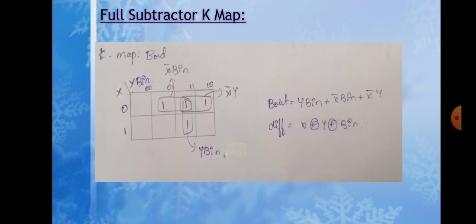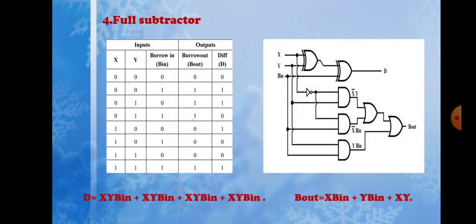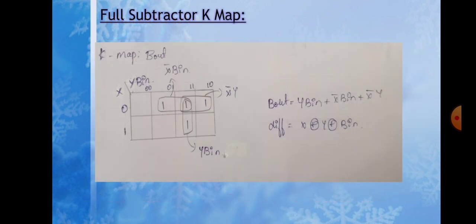Here is a small difference. Here we don't have C in, we have B in, that is borrow in, whereas in the full adder we had carry in, but in full subtractor we have borrow in. Now we can see the K map here for full subtractor.